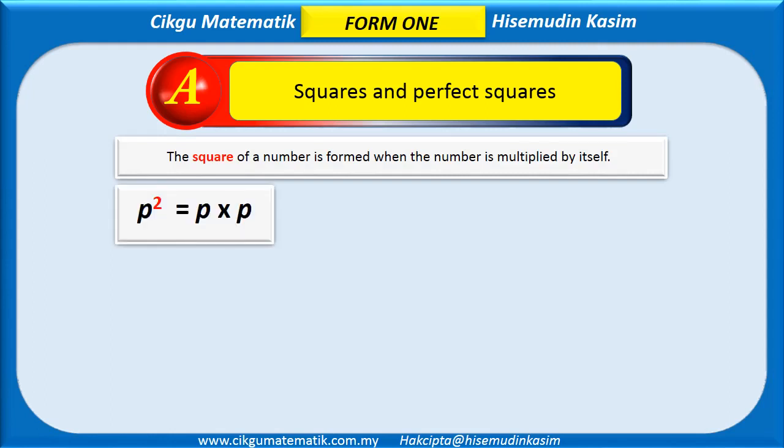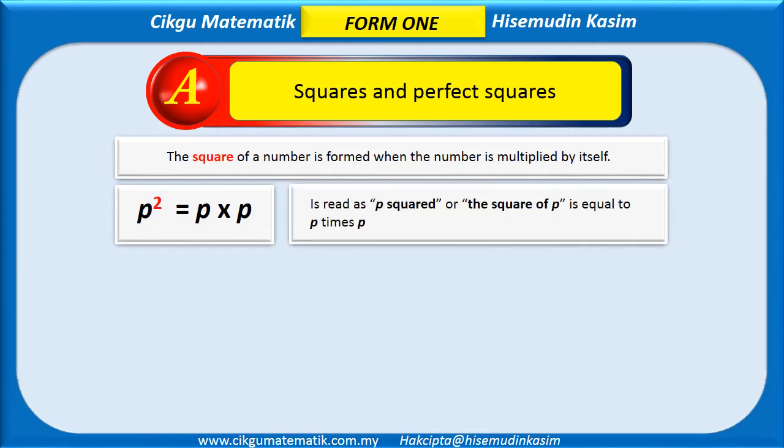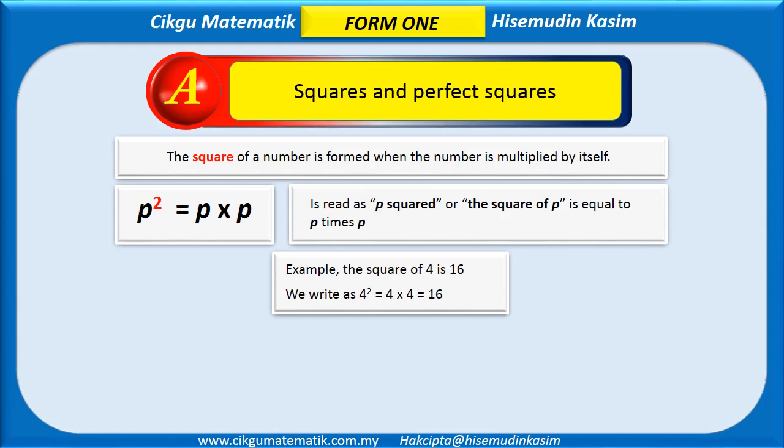P squared equals P times P, read as P squared, or the square of P is equal to P times P. Example, the square of 4 is 16. We write 4 squared equals 4 times 4 equals 16.